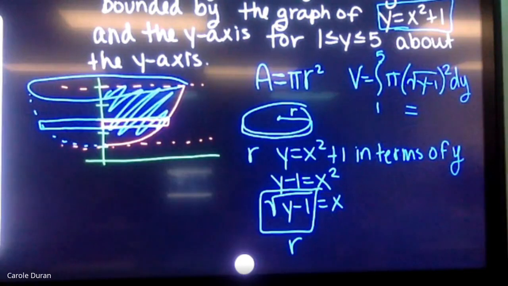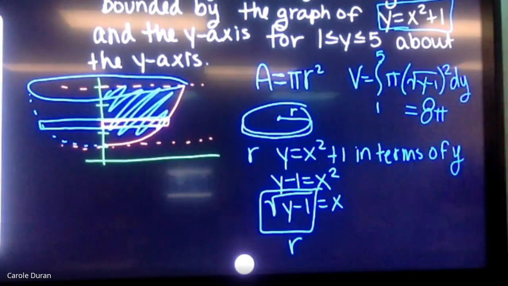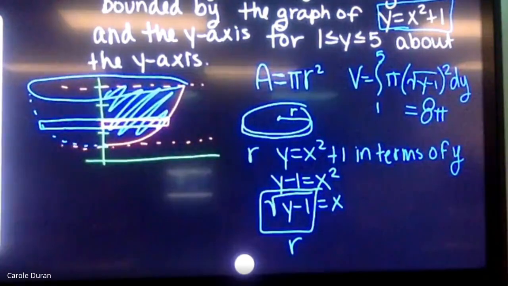What did we get? 8 pi, yes, which is 25 point something. If you have the decimal, that's fine. So 25.1327, right? Either one of those is acceptable.